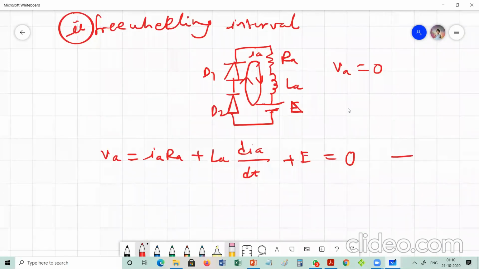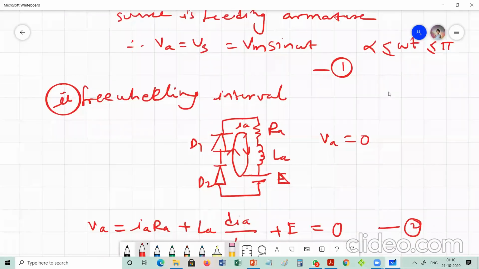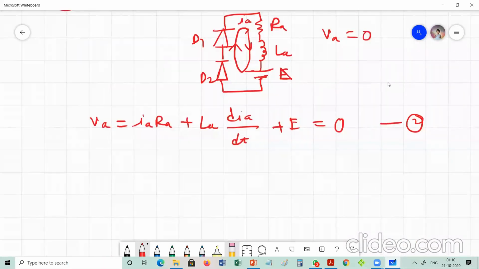I will give this as equation number 2, and the earlier one is equation number 1. This equation is valid for the period from pi to beta.